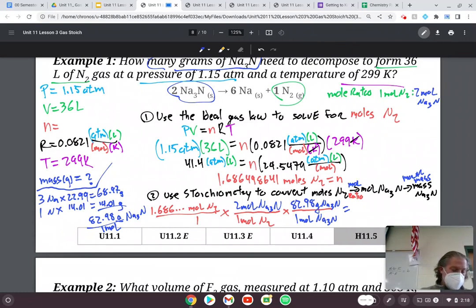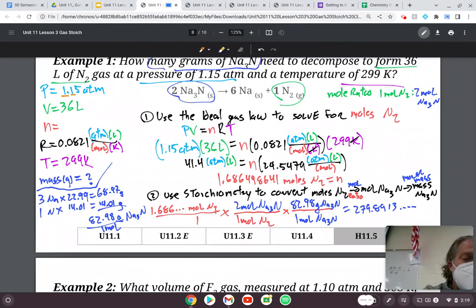So again, at this point, I'm going to take the 1.686 something times 2 times 82.98, and my calculator gives me an answer of 279.8913 and so on. And now we need to assess significant figures.